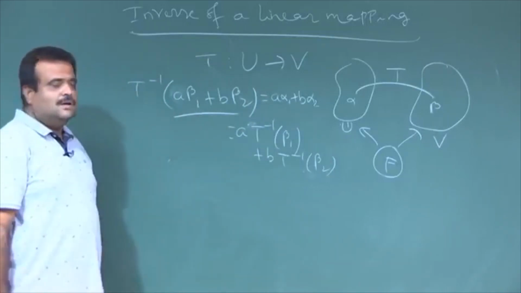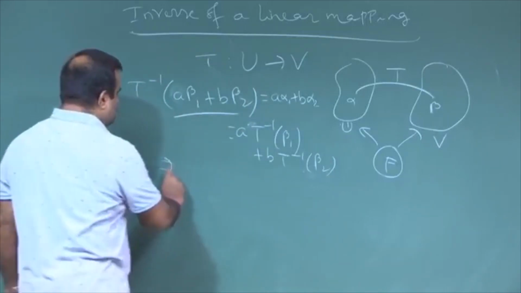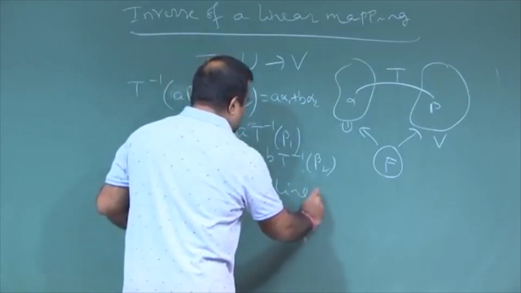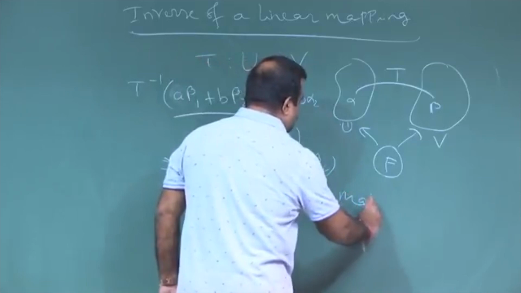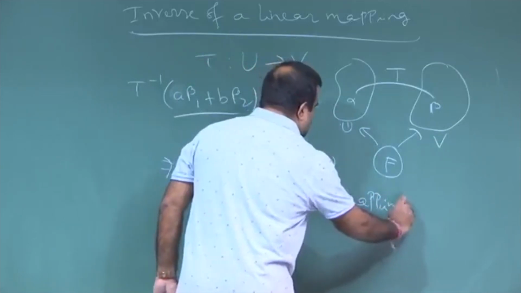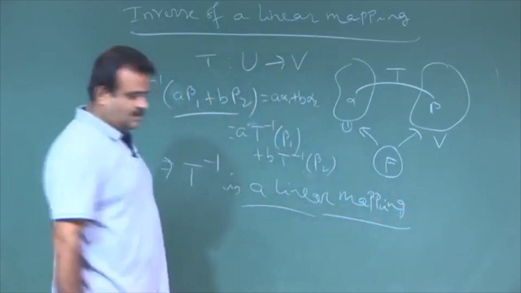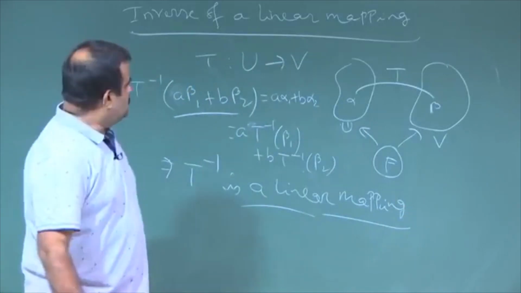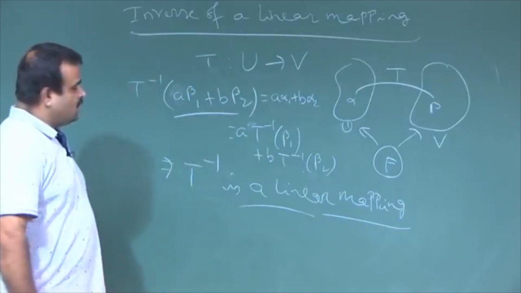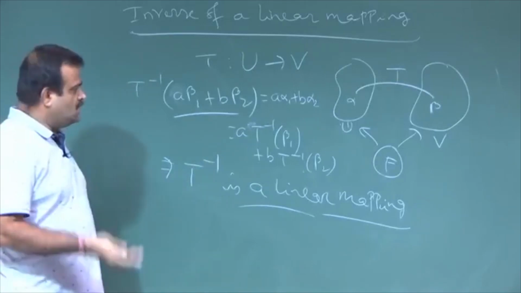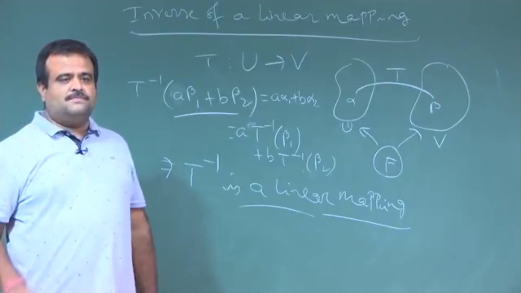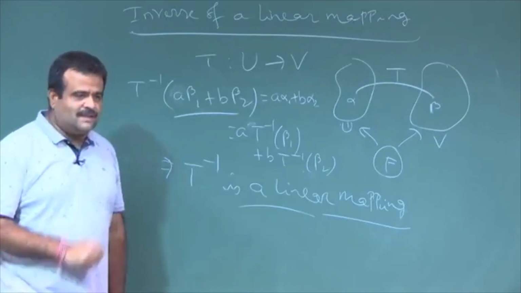So, this implies T inverse is a linear mapping. If T is linear, then T inverse is also a linear transformation. So, the inverse of a linear transformation is also linear, but for the inverse to exist, T should be a bijective mapping.